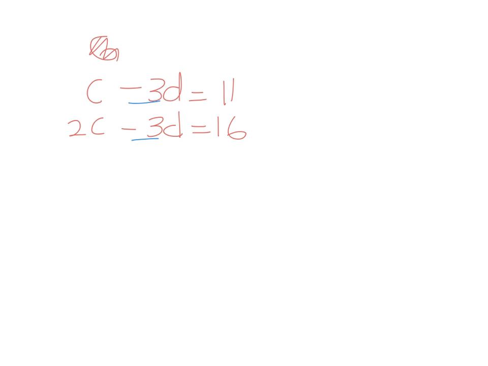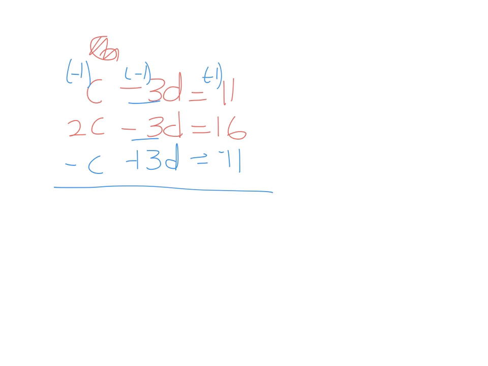I need one of them to be positive and one stay negative. So I'm going to multiply the top equation by negative 1. Make sure you're multiplying everything by negative 1. That gives me negative C plus 3D equals negative 11.